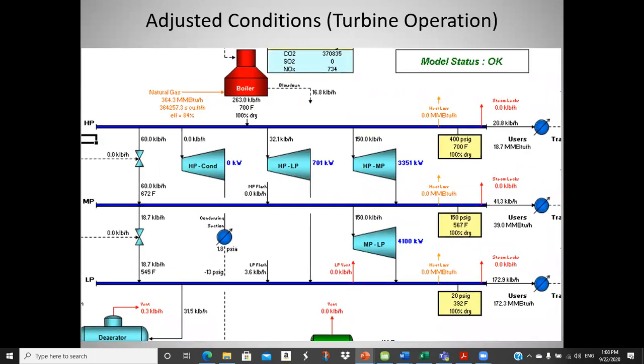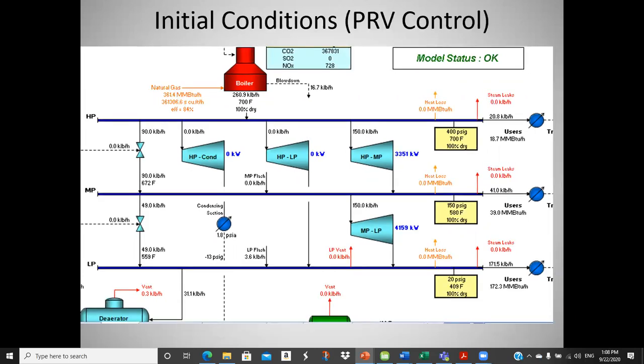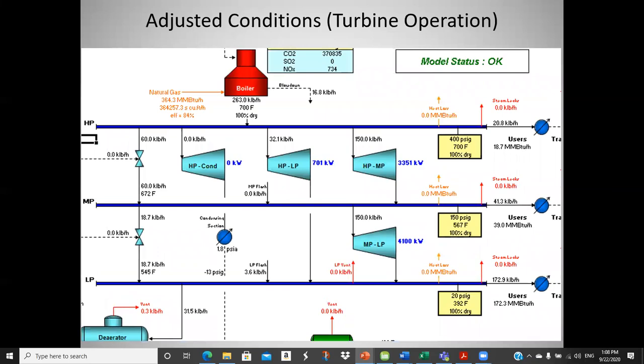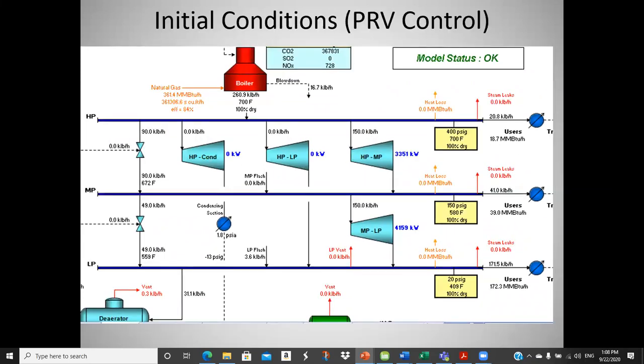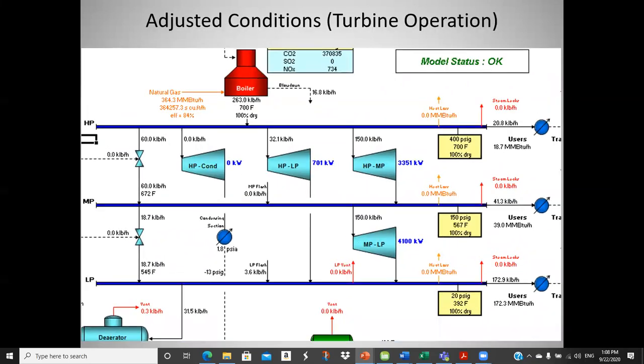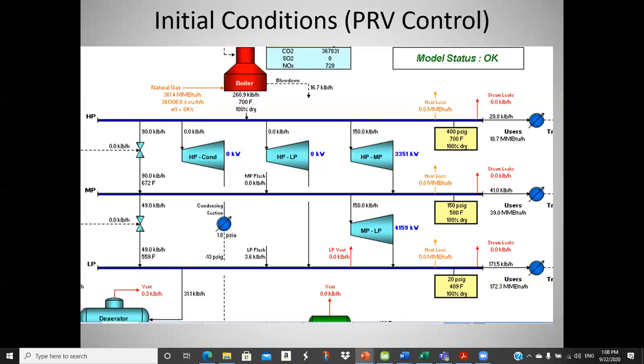Between the two cases, the process steam load in terms of BTUs per hour is constant, because the top one is 18.7, it's 18.7. The second one is 39, it's 39, and the bottom was 172.3. So we're keeping the same amount of energy, even though the steam flows may or may not change.